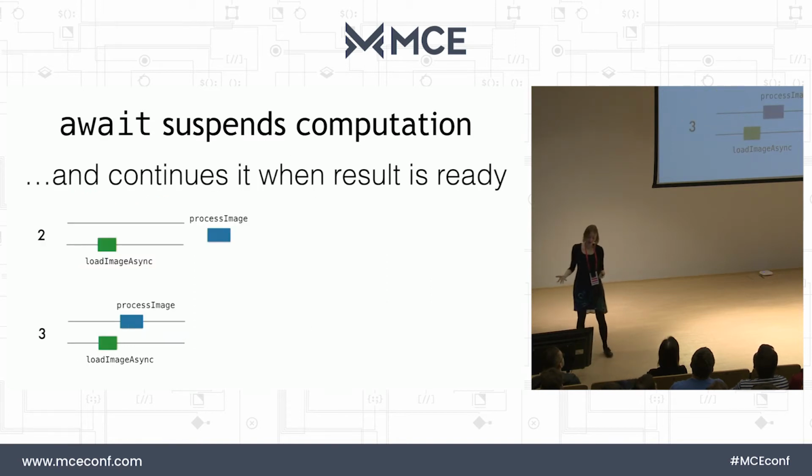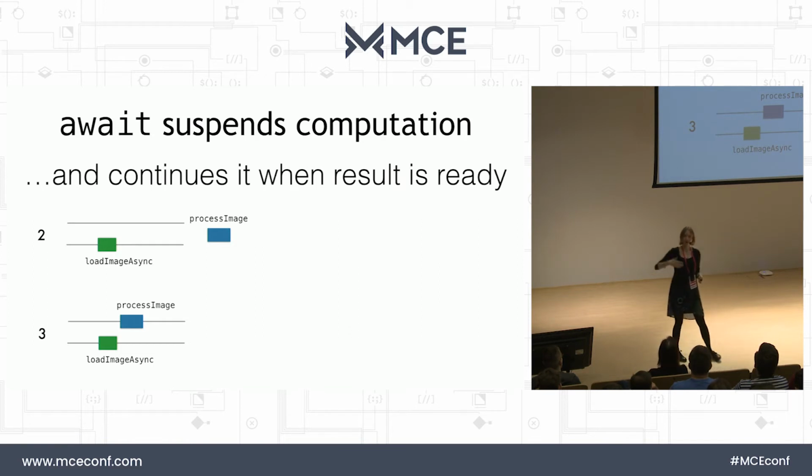And when the result of load image is ready, it just takes it from this somewhere and returns it to the thread and continues the computation from the point when it was suspended. And it's important that when you suspend the computation, all state of your local variables is stored, and all the callback is stored. So you continue from exactly the same point when you suspended. And all of this is implemented by the Kotlin compiler.